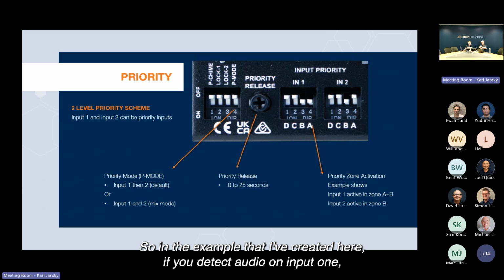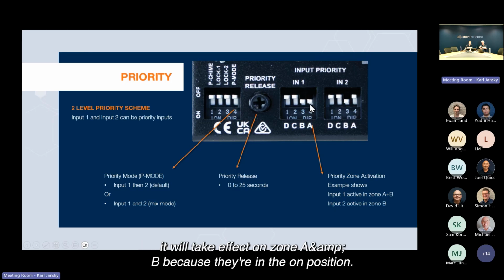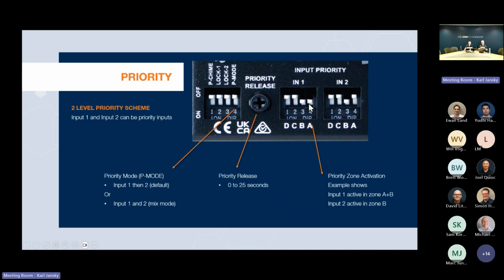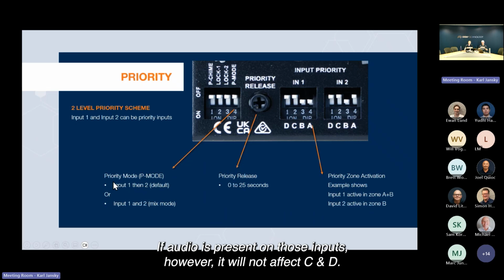So in the example that I've created here, if you detect audio on input 1, it will take effect on zone A and B because they're in the on position. So priority is active in those two zones if audio is present on those inputs. However, it will not affect C and D.